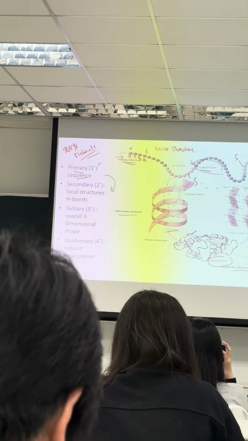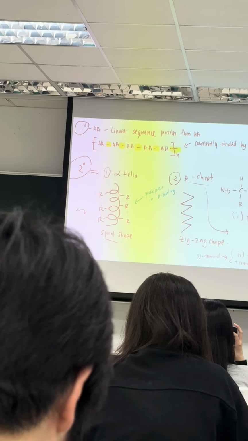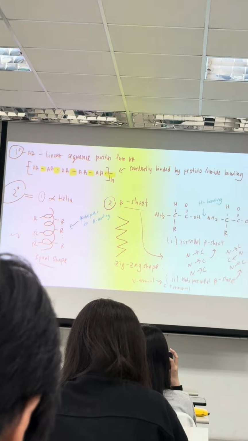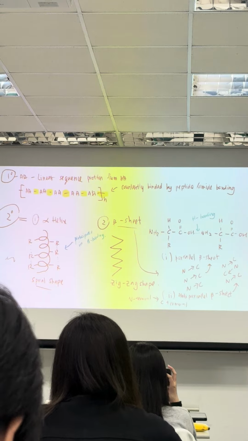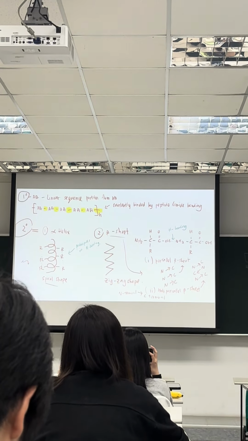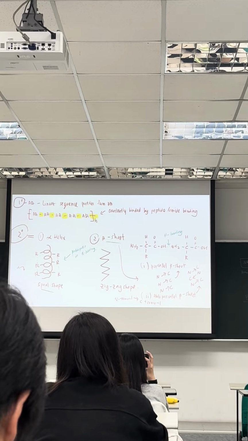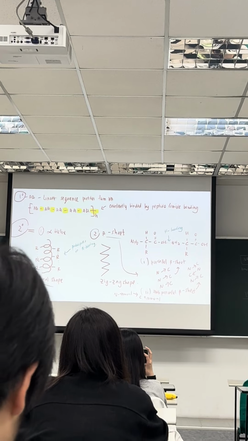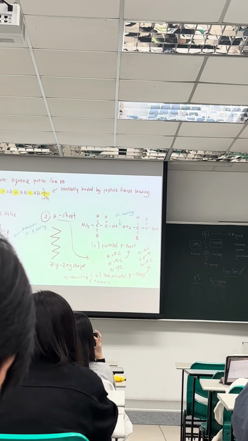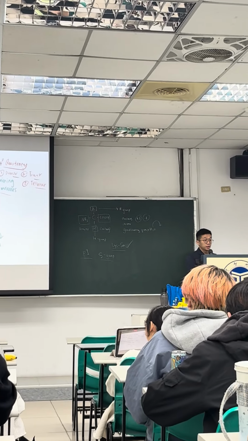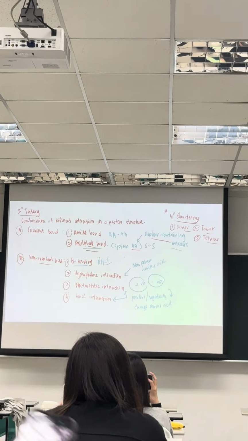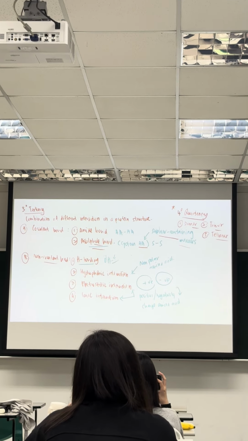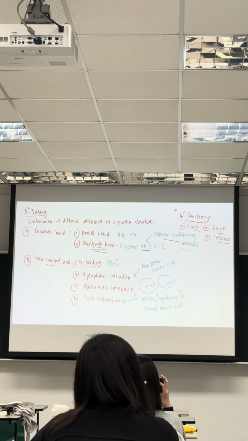For primary, what happens in the linear sequence? The amino acids are bound by covalent bonds, the amide or peptide bond. The second one, what happens? The third one, the covalent and non-covalent interactions happening. And what is the fourth? Quaternary.